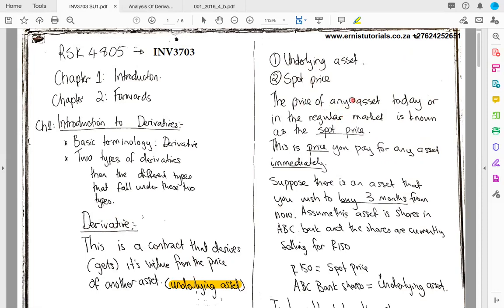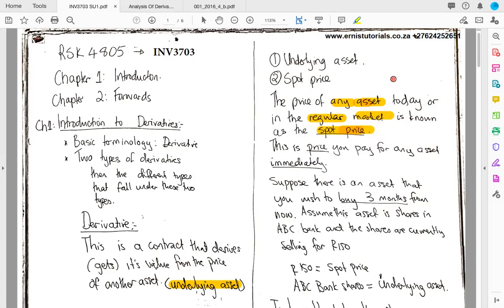Right, so the price of any asset like a share or a bond, or gold or anything, the price of any asset today in the regular market is known as the spot price. So let's say you want to buy shares on the Johannesburg Stock Exchange, or let's say you want to sell a bond on the Johannesburg Stock Exchange in the bond market.